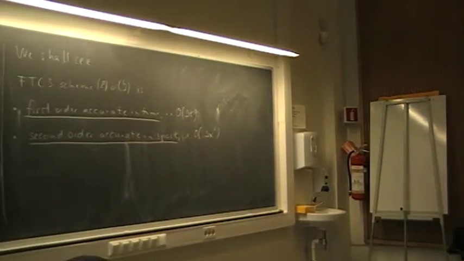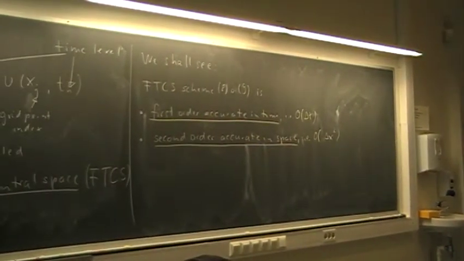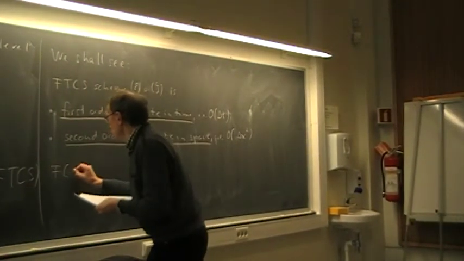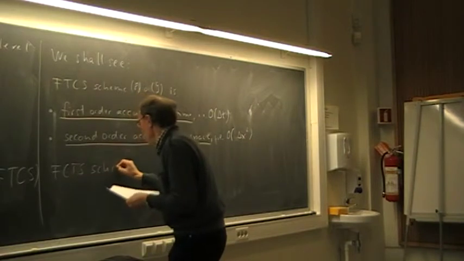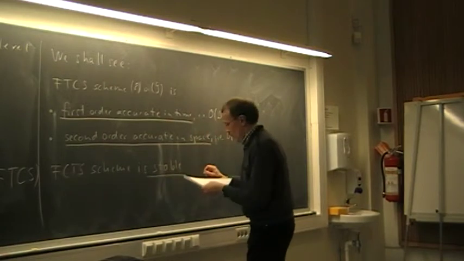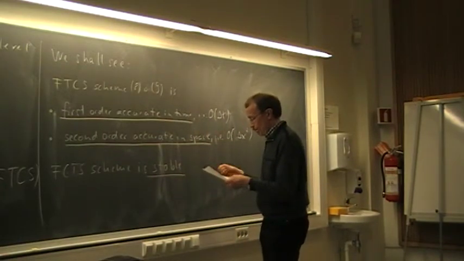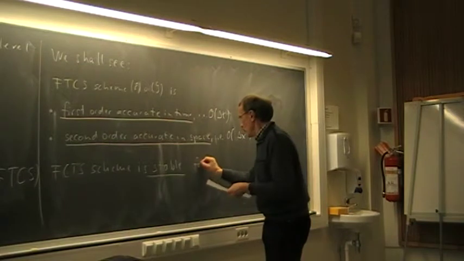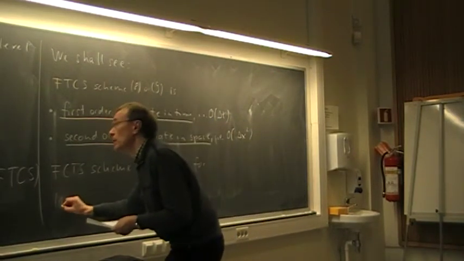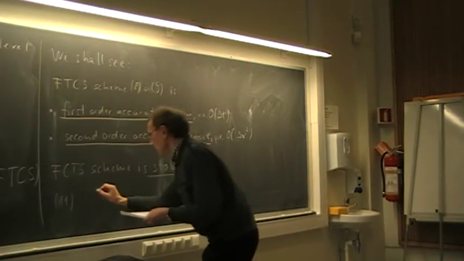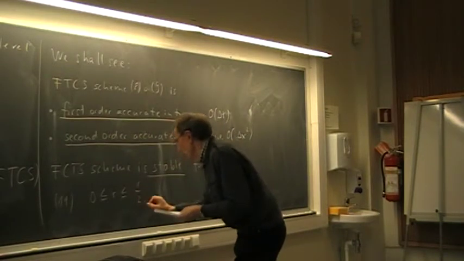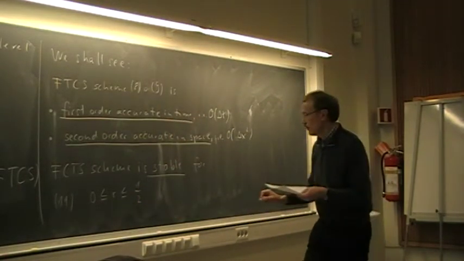And another thing that we shall see next week is that the FTCS scheme is stable for, that would be 11 on the right here, the following: a certain parameter R is between 0 and 1/2.